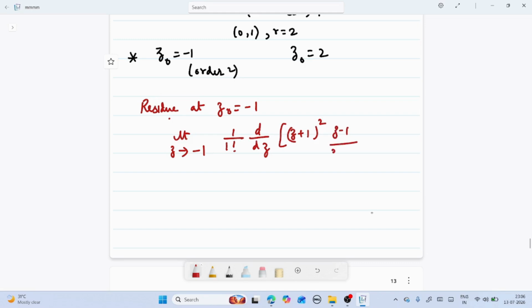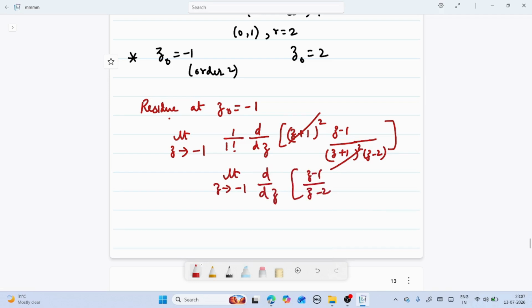F of z is (z minus 1) by (z plus 1) the whole square into (z minus 2). So this will get cancelled. So you're now going to differentiate this. So you will be left with limit z tending to minus 1, d by dz of (z minus 1) by (z minus 2).